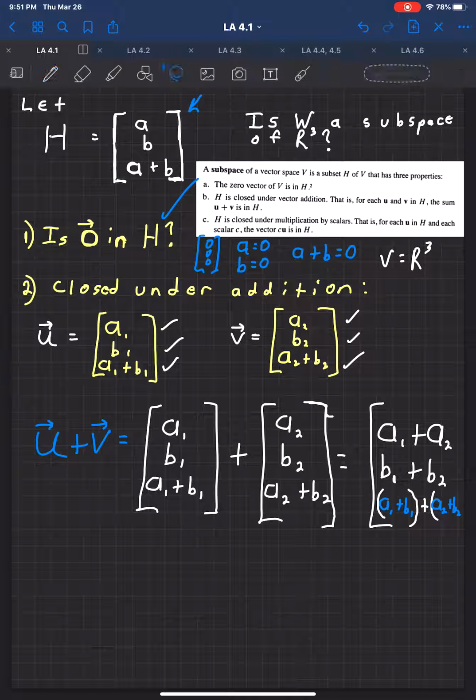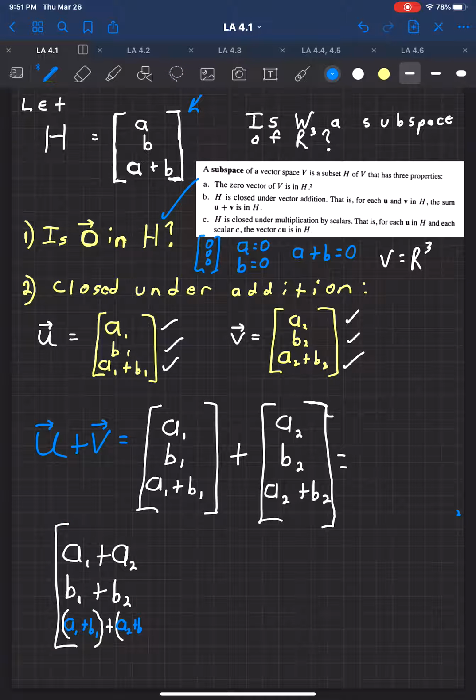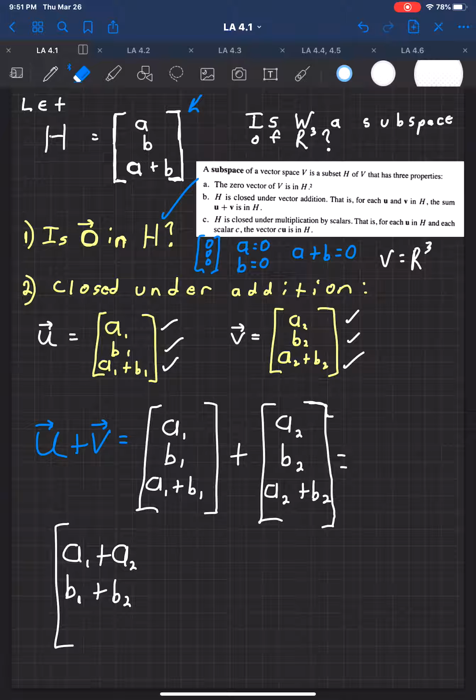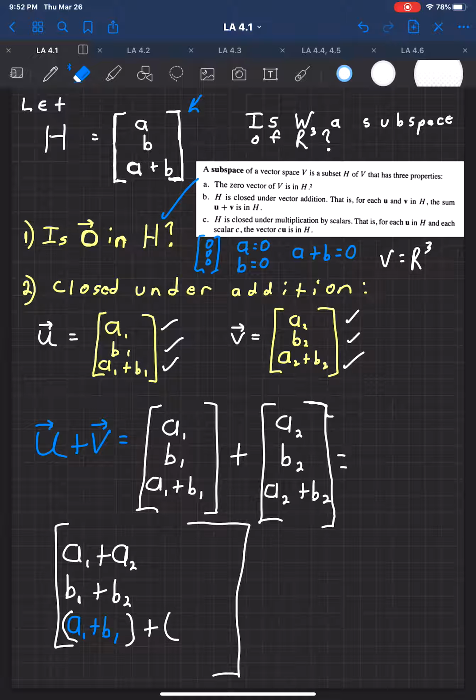And I'm going to go ahead and move this. I'm going to grab this and give us some more space because this next step is very important, and I want to make sure you can see it better. So forgive me, let me rewrite this. Okay, so a sub 1 plus b sub 1 plus a sub 2 plus b sub 2.